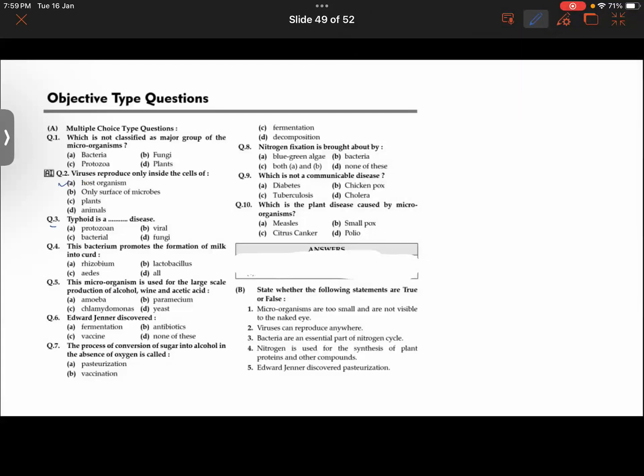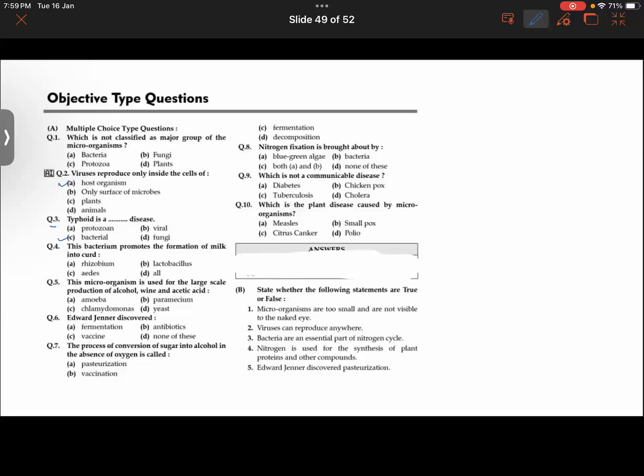Okay, Ahmed, typhoid is what kind of disease? Sir, bacterial disease. Typhoid is a bacterial disease.